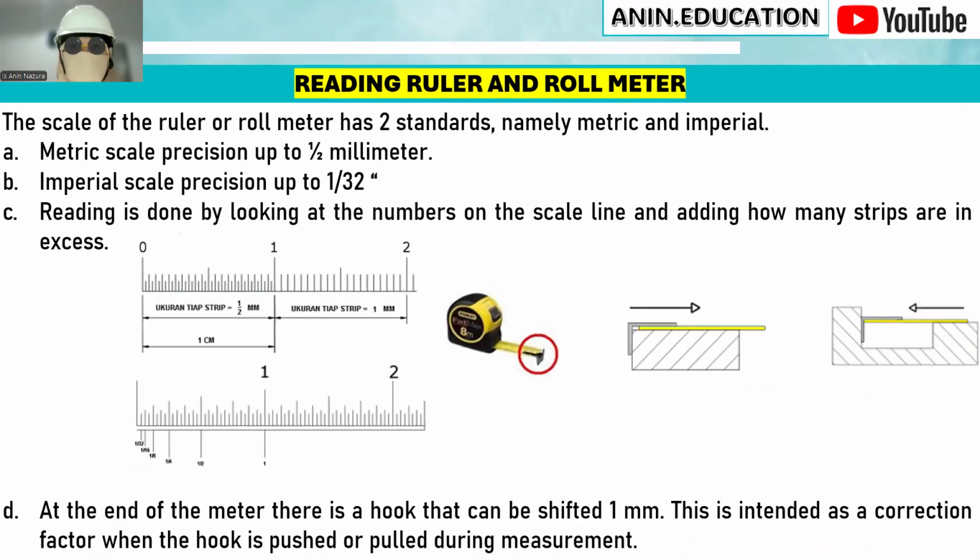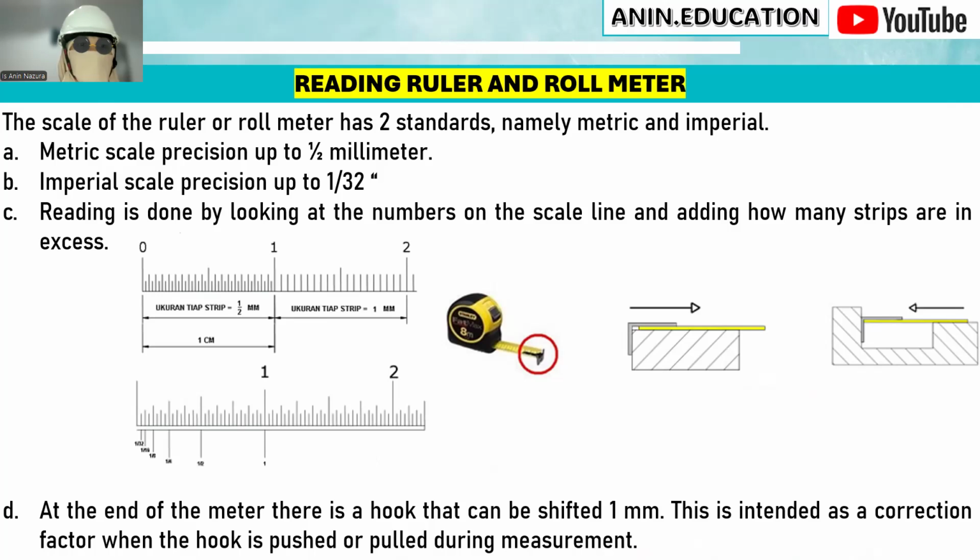Reading ruler and roll meter. The scale of the ruler or the roll meter has two standards, namely metric and imperial. Metric scale precision is up to 1 per 2 millimeters. Imperial scale precision is up to 1 per 32 inch.